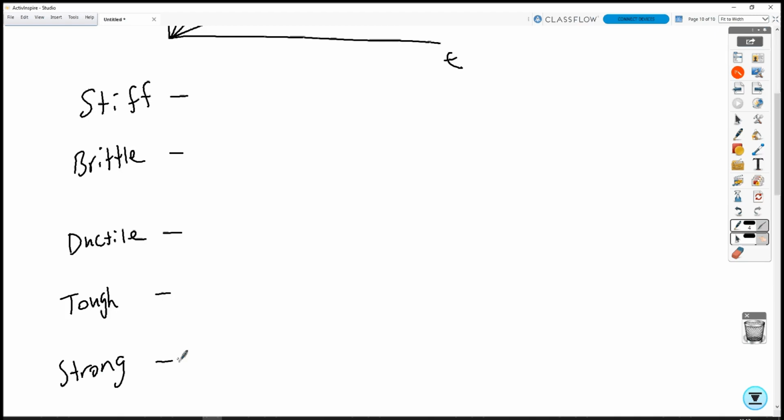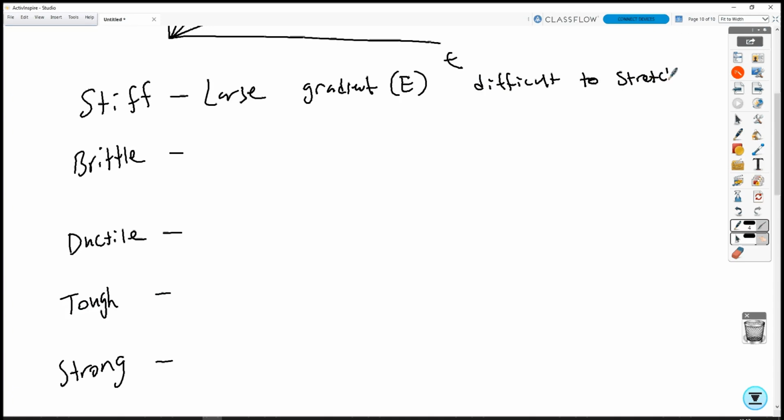So stiff just means that it has a large Young's modulus. The Young's modulus is also related to the spring constant, which is sometimes called the stiffness constant. So stiff means large gradient, which is the Young's modulus, which is difficult to stretch. Brittle means that it breaks very soon after the elastic limit.